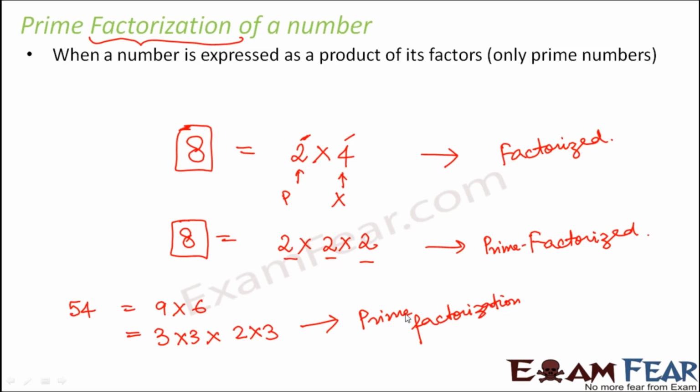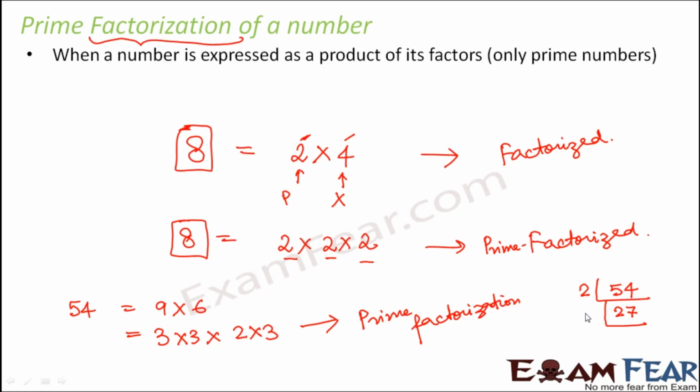So how exactly do we do prime factorization of a number? Let us say the number is 54. We start with the smallest prime number. Which is the smallest prime number? It is 2. Now when you divide 54 by 2, what is the quotient that you get? 2 2s are 4, then 2 7s are 14. So 27 is the quotient. You write the quotient.